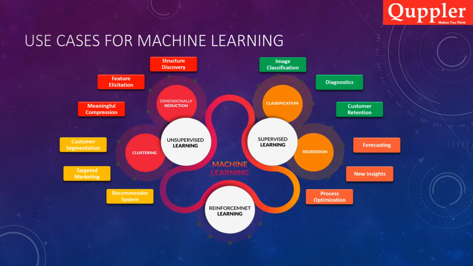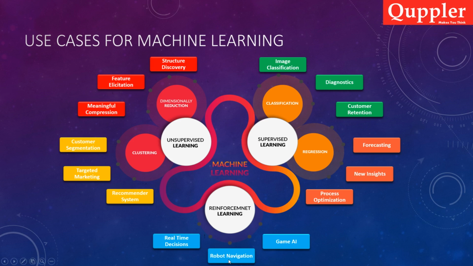The third thing is reinforcement learning, where we can see navigation, gaming AI, and real-time decision. In real-time decision, I can take the example of self-driving cars, where the car learns from the current experience and makes a real-time decision based on it.